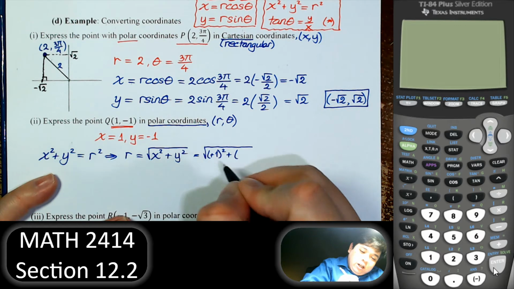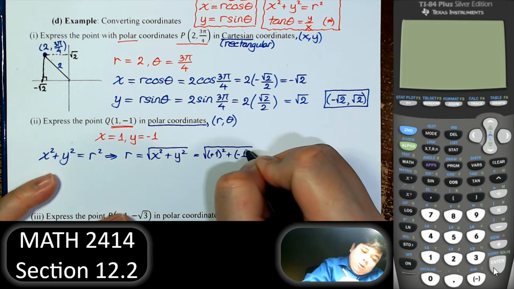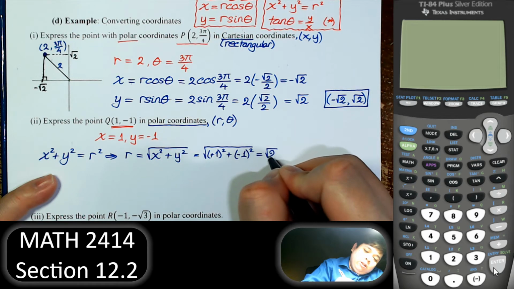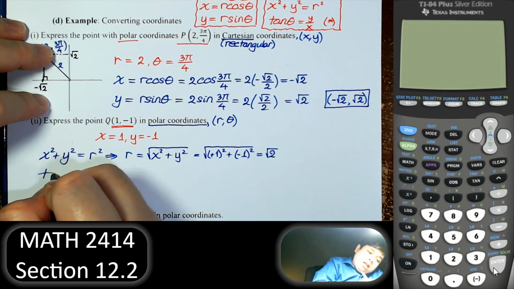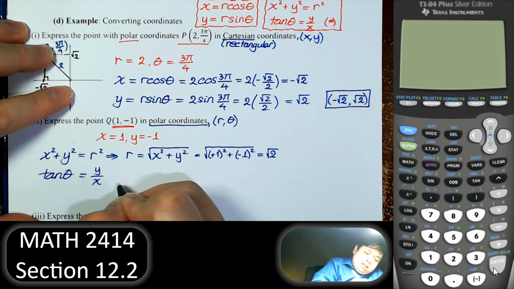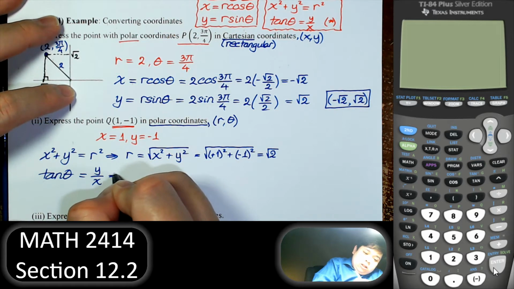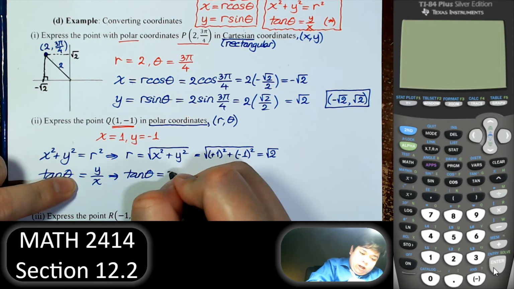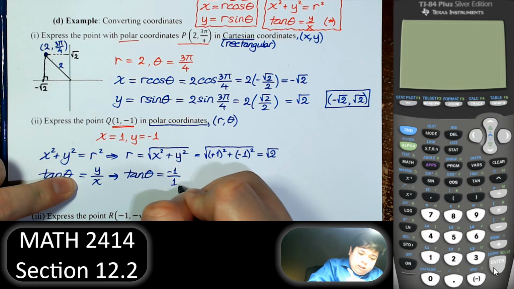Sorry, x is 1. Y is negative 1 squared. That's square root of 2. Next, tangent of theta is y over x.